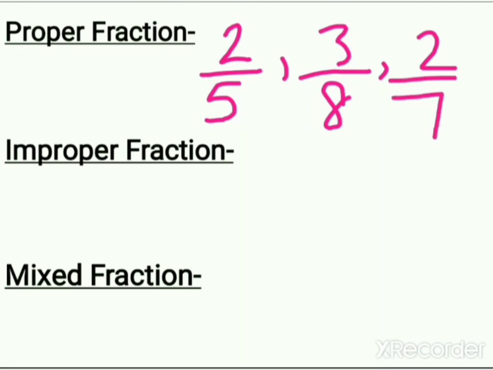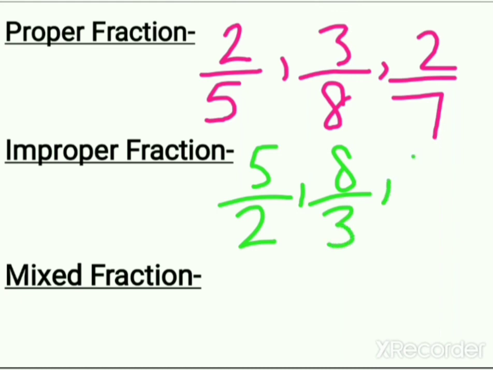In all these fractions, numerator is less than the denominator. So these are the examples of proper fraction. Improper fraction, in which numerator is greater than the denominator, like 5 by 2, numerator is greater than denominator, 8 by 3, 7 by 2.